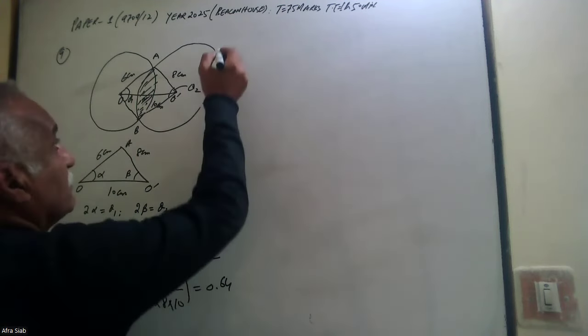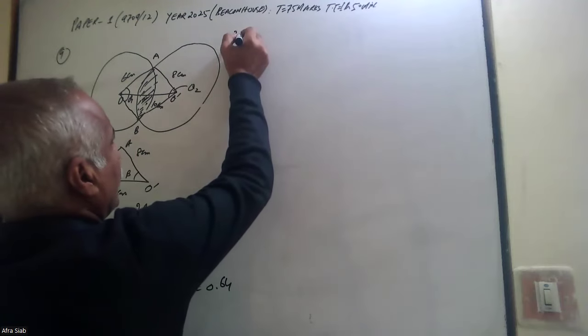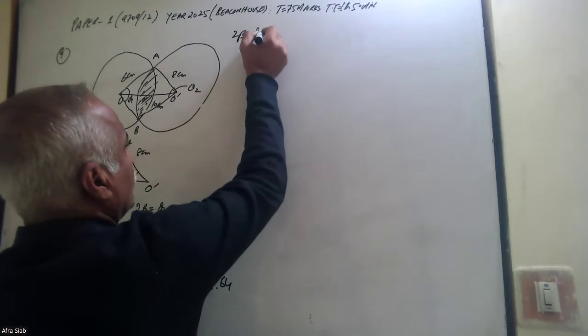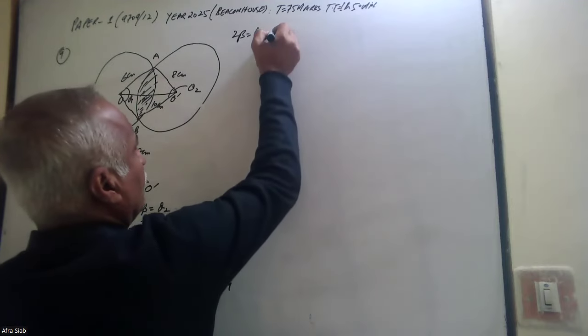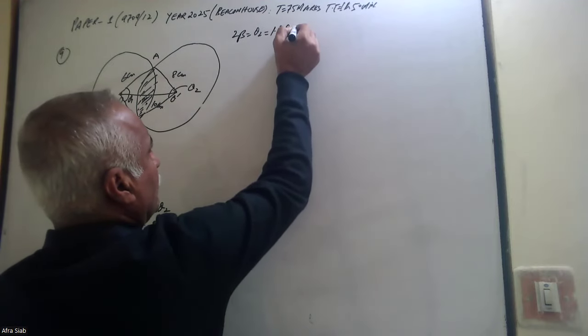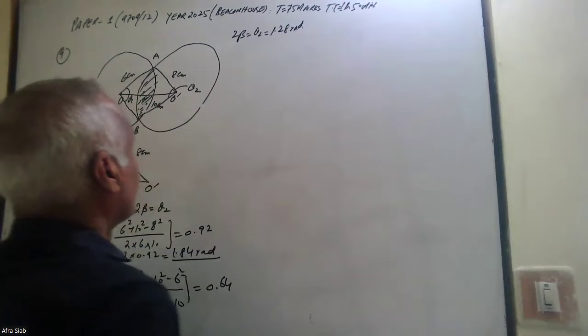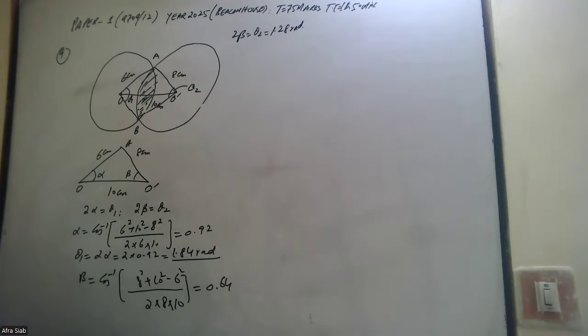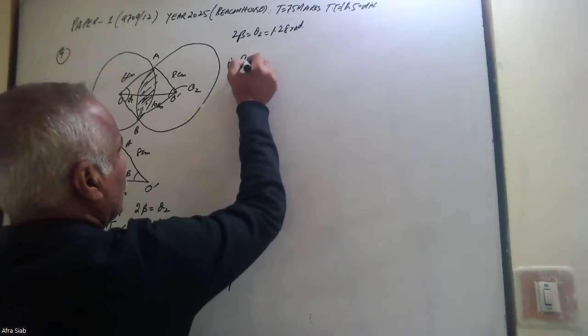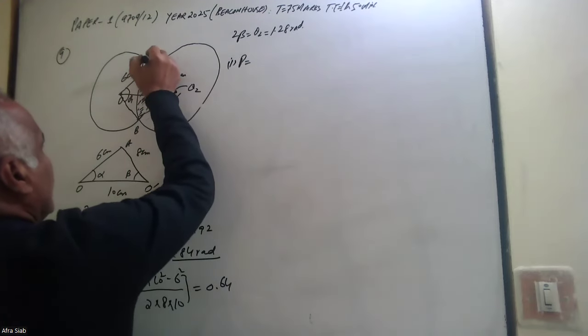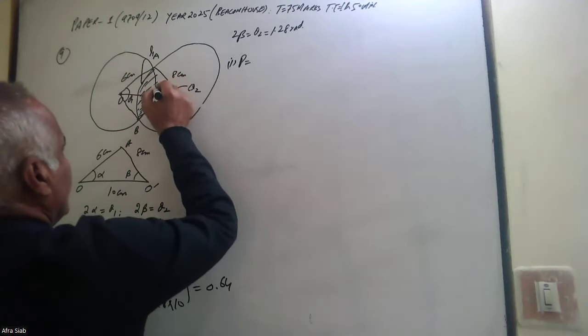But we know that twice the beta angle is theta 2, so that value is equal to 1.28 radians. Since we are going to find the perimeter in the first part, let's say this is the length L1 and this is the length L2.